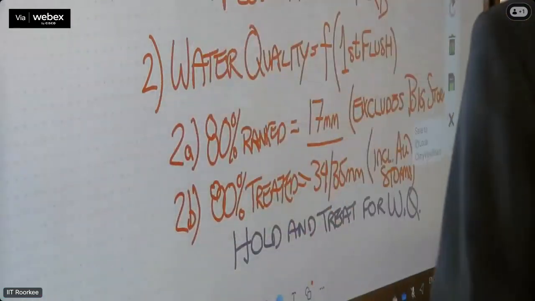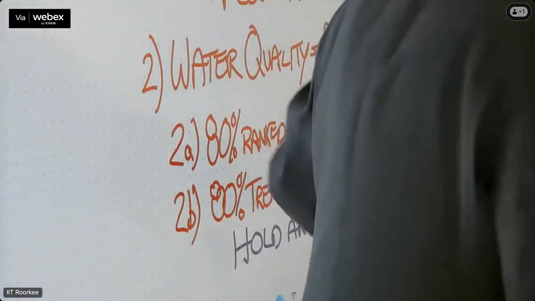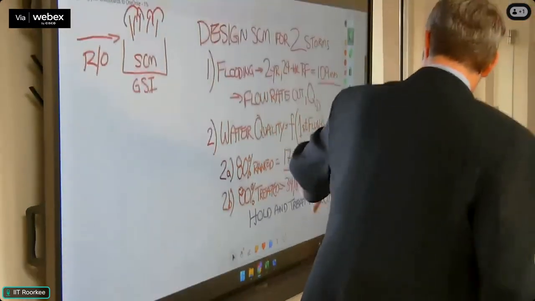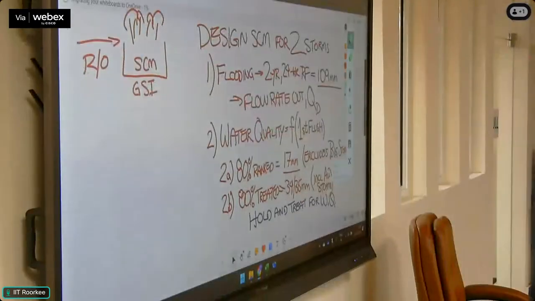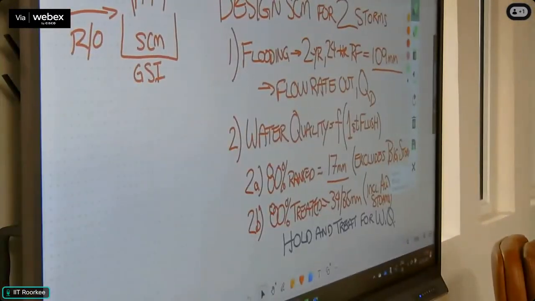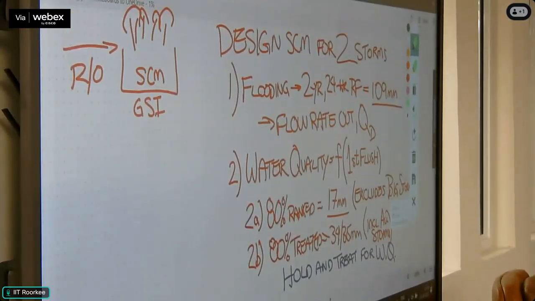Okay? So it's the volume associated with this rainfall that we are calculating to know how big a footprint our stormwater control measure, our LID system, our green stormwater infrastructure, whatever word you want to use, needs.